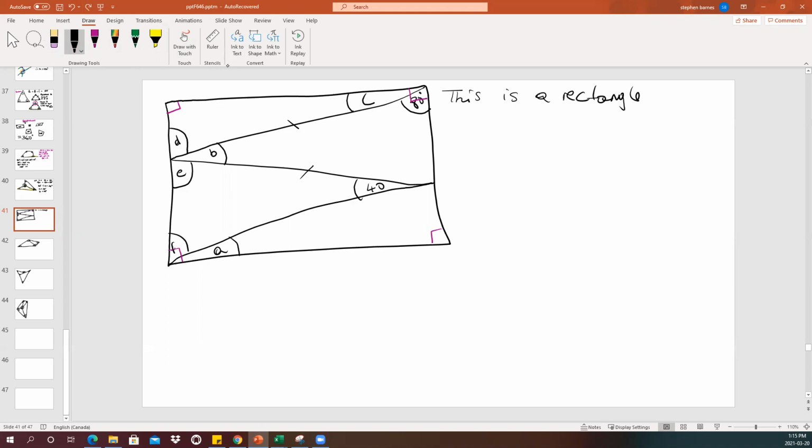So let's start then. You may have started somewhere different, but I am starting here with this triangle. I'm starting with it because I see these two strokes here that tell me it's an isosceles triangle, so the two base angles are equal.